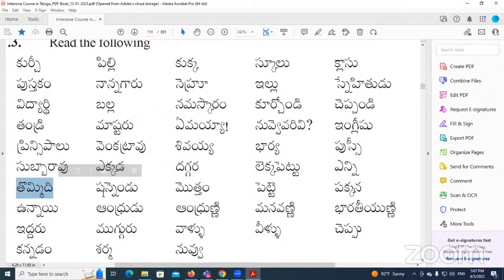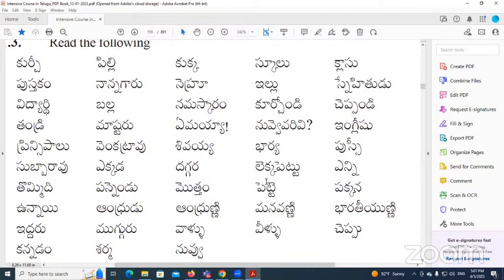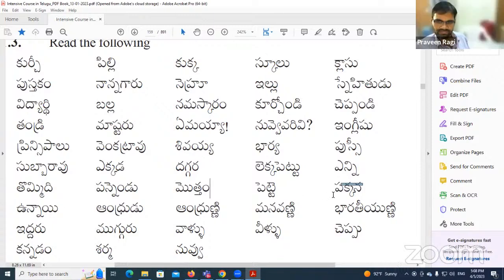Tomidi is 9. Panendu is 12. Mottam is in total. Pette is box. Pakana is by the side of. Pakana. Beside or by the side, like that.